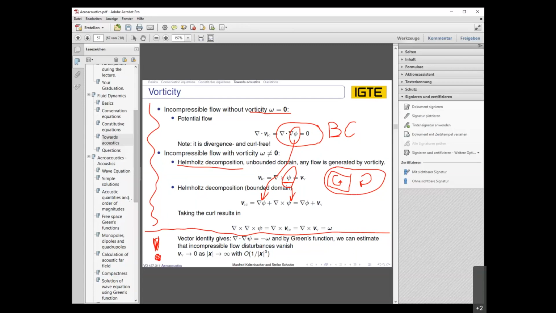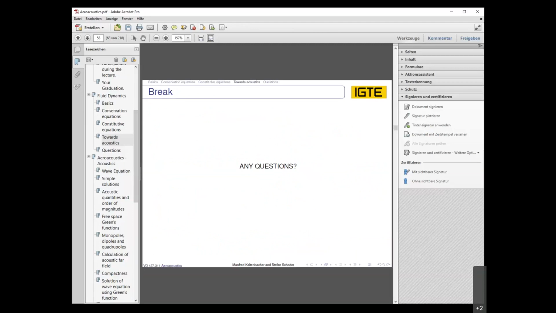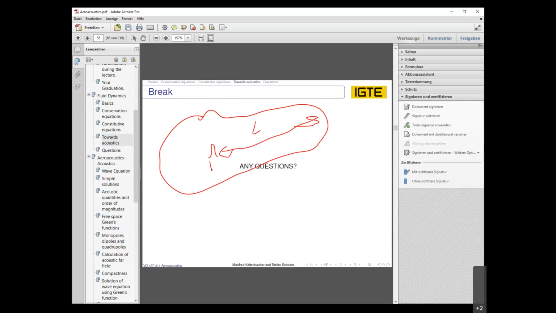Just consider this potato, and the vortex distribution is that small, so the domain length here is much larger than the length here, so L is smaller than that.